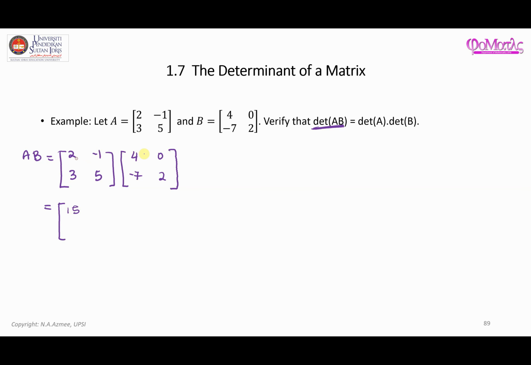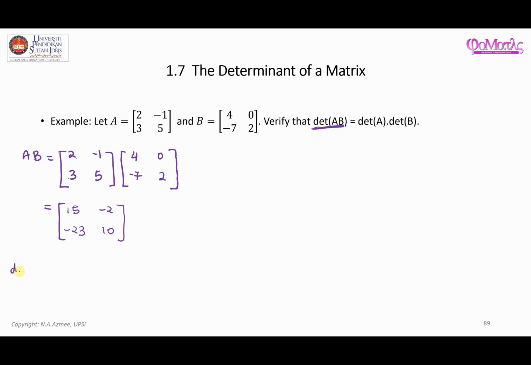Then 2 times 0 is 0, so this is -2. Then 12 plus -35 is -23. Then 0 plus 10, so this is 10. This is the result of matrix A multiplied with matrix B.